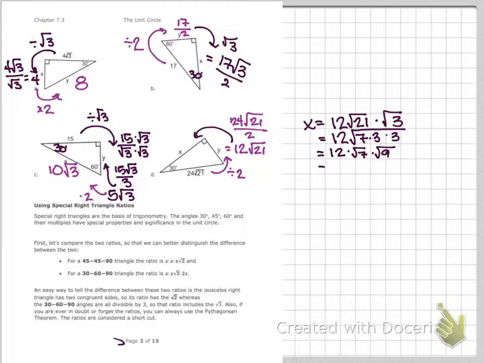We know that the square root of 9 is 3. We multiply that and we get 36 square roots of 7. And we've got all three sides.